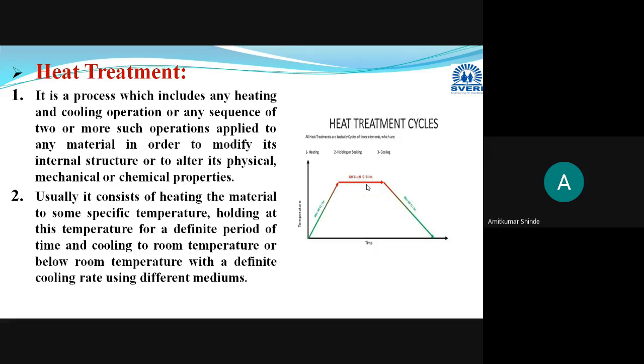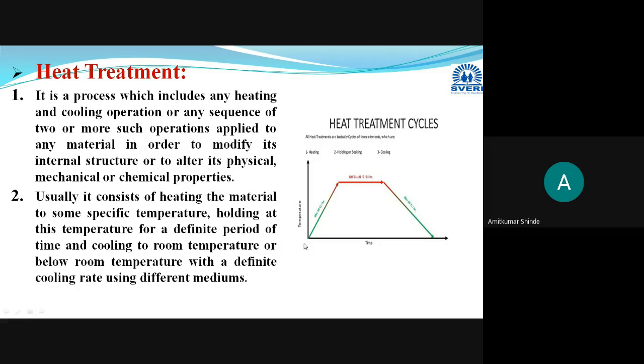Then after the soaking time, meaning after getting uniform temperature throughout the component and a uniform austenite phase, the soaking process is stopped, and the component is taken out of the furnace and directly dipped into the cooling medium to cool it to room temperature.